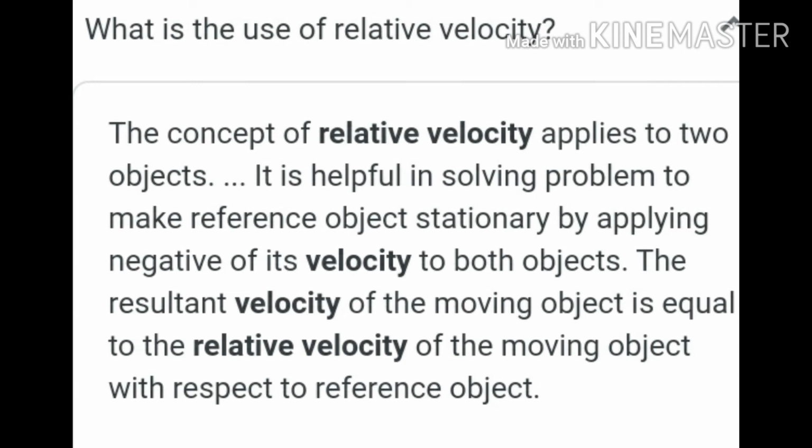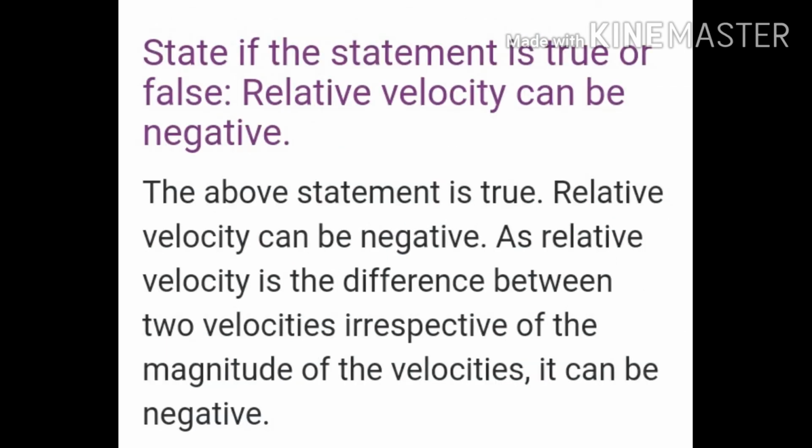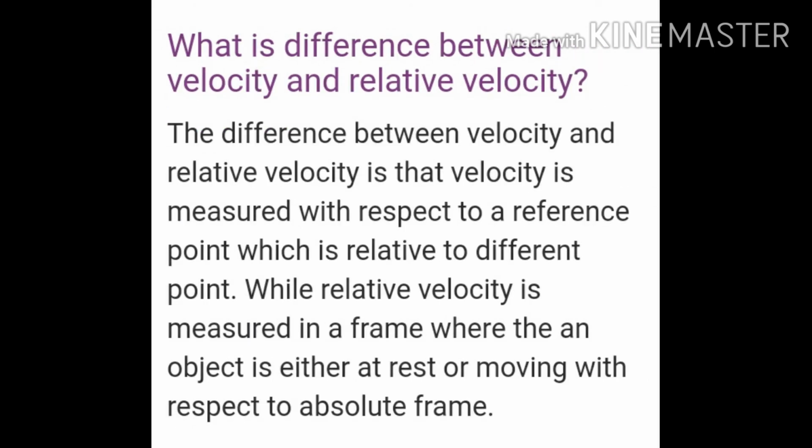Now move to the third one, which is: state if the statement is true or false. Relative velocity can be negative. The above statement is true. The relative velocity can be negative, as relative velocity is the difference between two velocities irrespective of the magnitude of the velocities. So it can be negative. Our next question is, what is the difference between velocity and relative velocity?